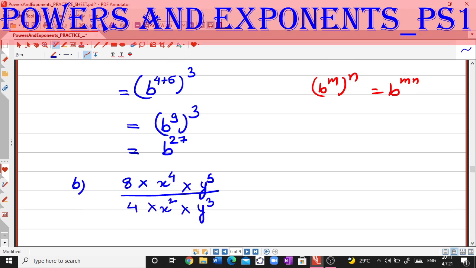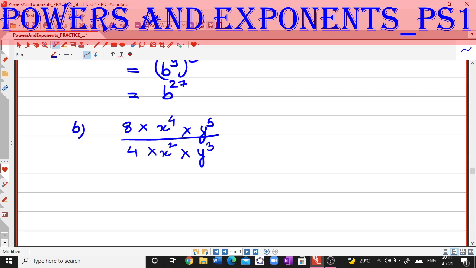So let's see how we can solve it. We have to apply the rules of exponents here.